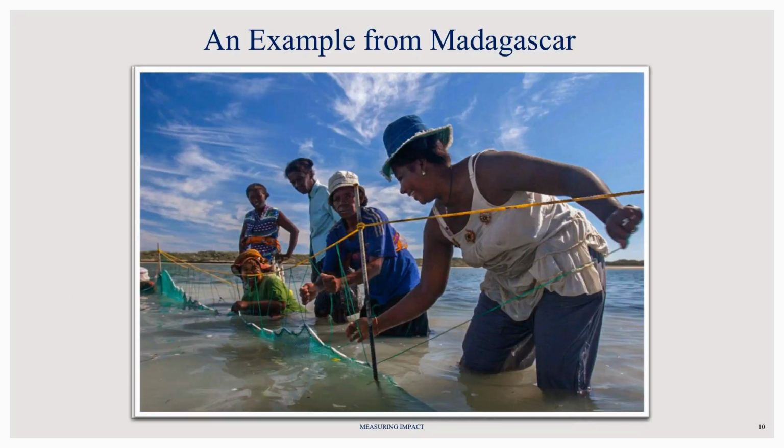And our flagship conservation enterprise was sea cucumber farming in Madagascar. So sea cucumbers, we saw on the first slide, if you don't know, they're little animals that live on and around coral reefs, and they can be ranched like you might ranch cattle or sheep, but in very tiny little pens in shallow water.